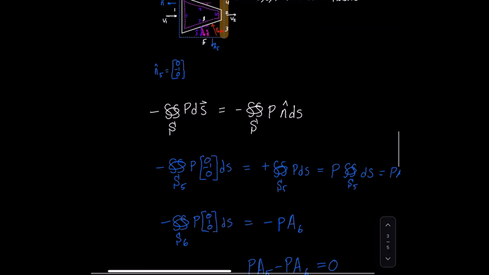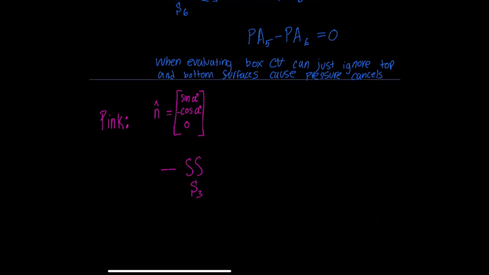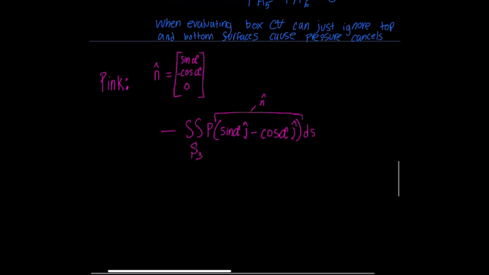And then we take this component of the equation that we've been evaluating, and we evaluate it at surface 3, which is the bottom surface. We do P times the normal vector, which is this component right here, times ds.